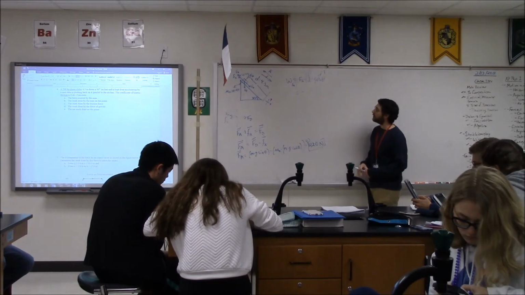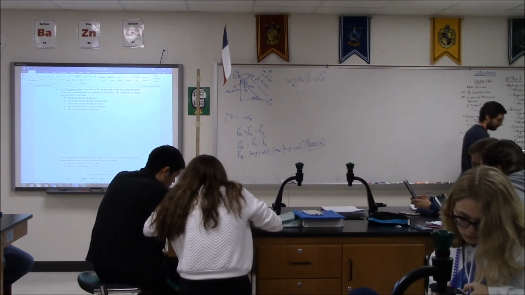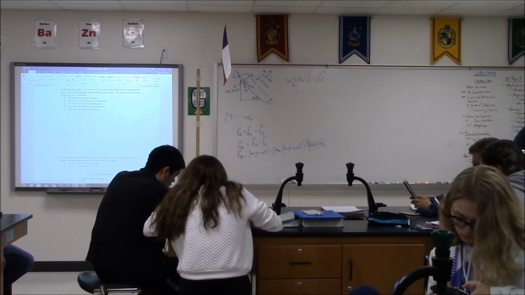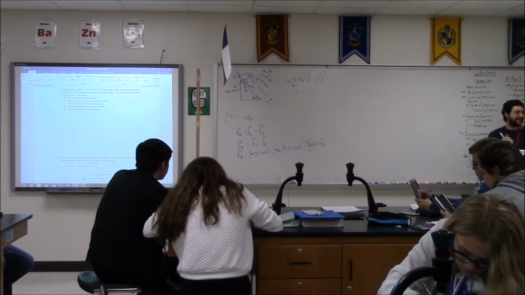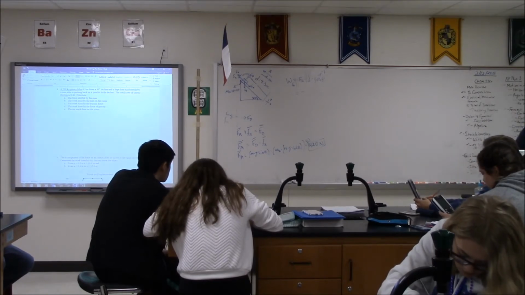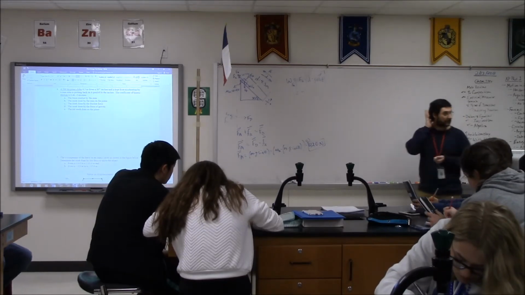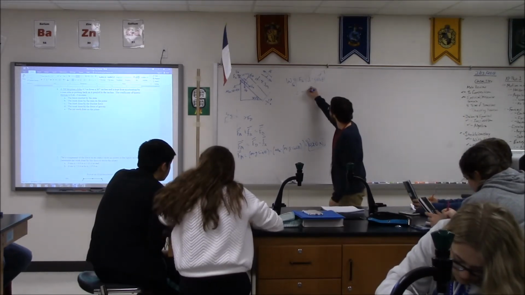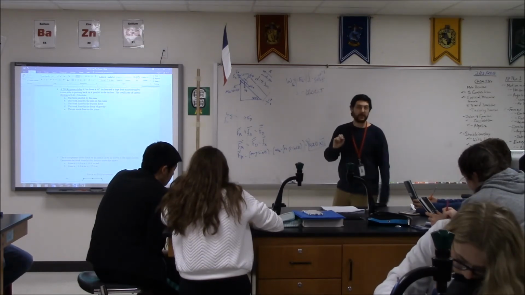And again, how many sig figs should we have? 2. Okay, what's the answer? Negative 1800. So Saad says negative 1800 joules. Y'all agree?